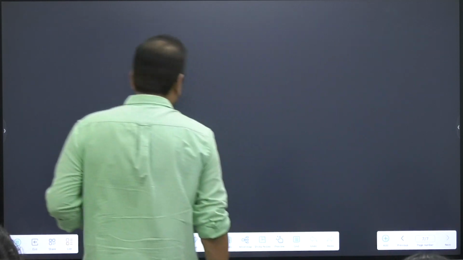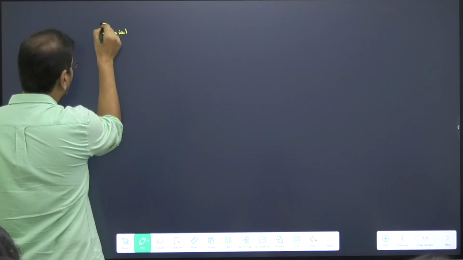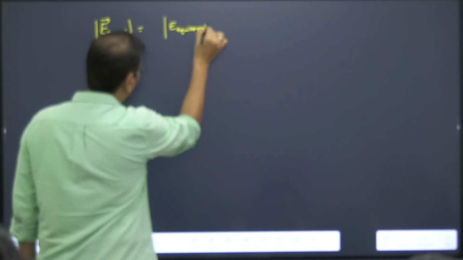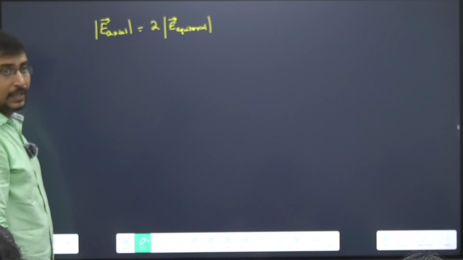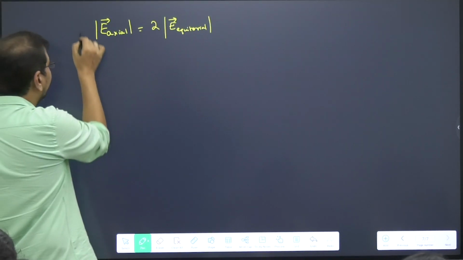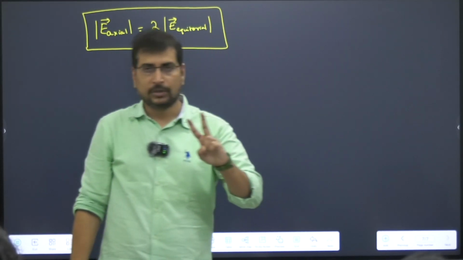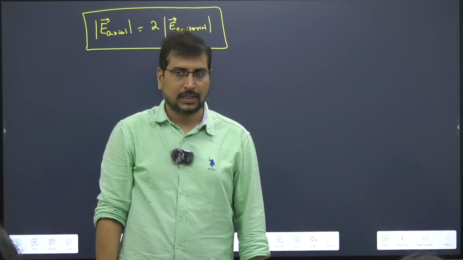Having said this, what we can conclude is that the magnitude of the electric field due to axial is always twice the electric field due to equatorial. Are you able to understand? So this is how the electric field due to a dipole is calculated at two important points. What are they? One is the axial and the other is the equatorial point. Am I clear with this?